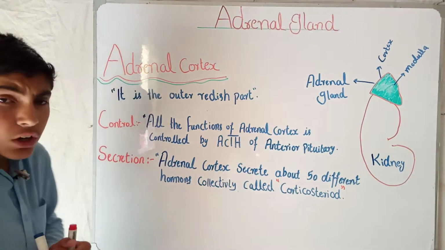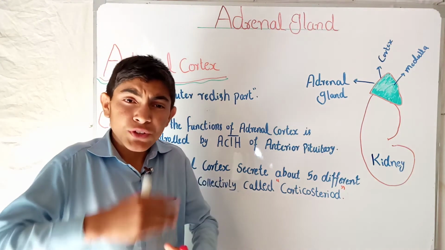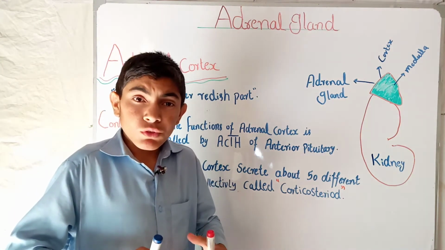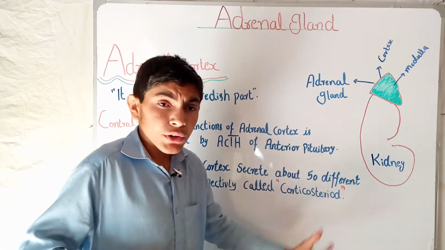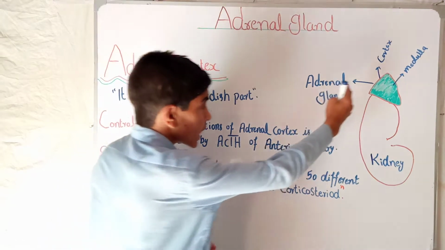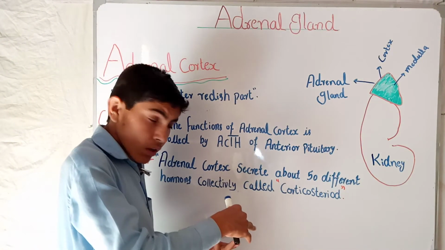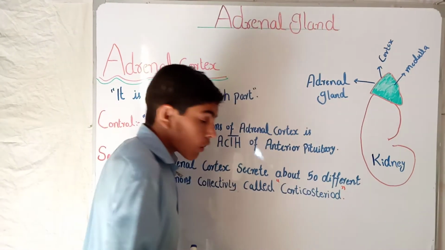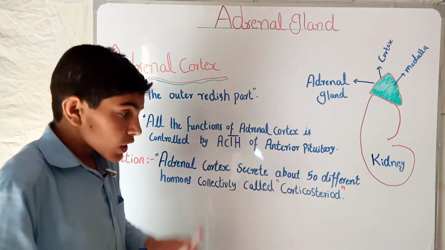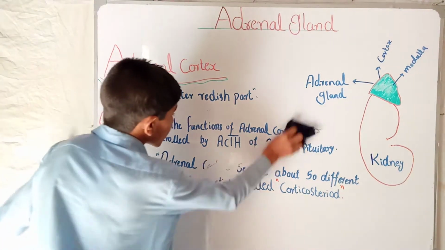Secretion: the adrenal cortex secretes about 15 different types of hormones, which we correctly call corticosteroids. So the hormones which are secreted by the adrenal cortex are corticosteroids. Now we are going to talk about its secretion. What do they secrete?